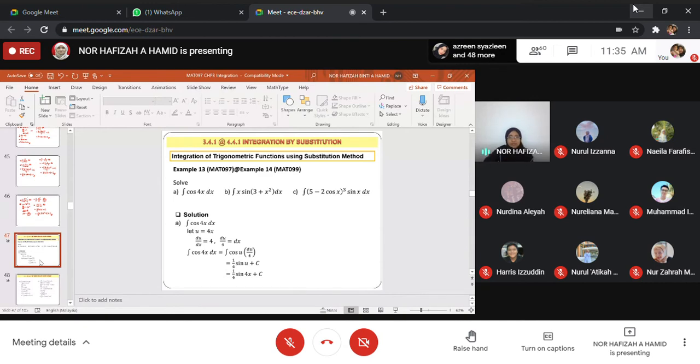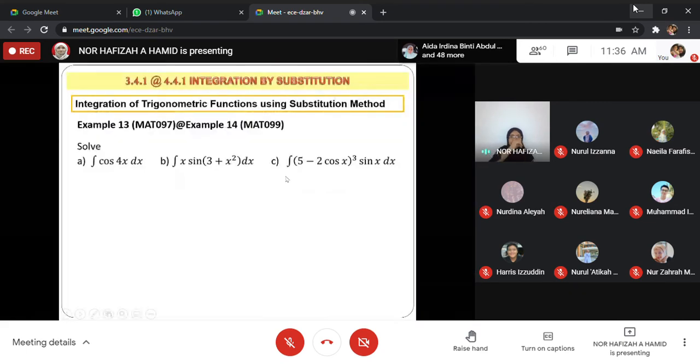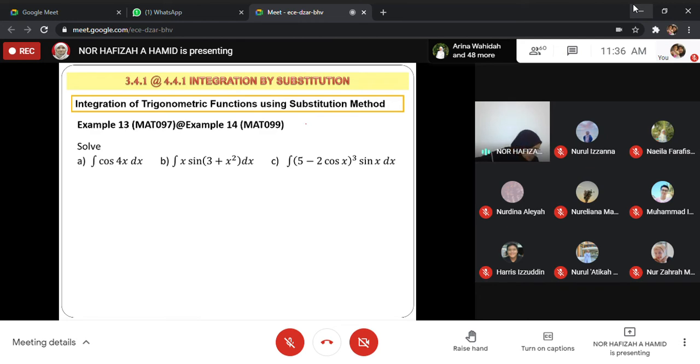Okay, so I want to go into integrations of trigonometric functions using the substitution method. So this is when it involves trigonometric functions. For the basic ones, you can refer to the previous class or the previous notes, where we have the basic integration formulas. For example, integrate cos x dx equals sin x plus c.